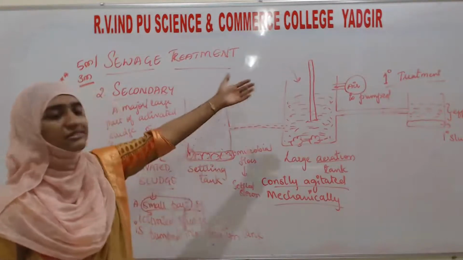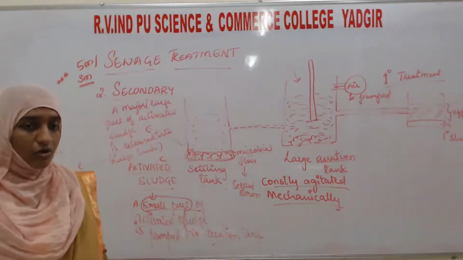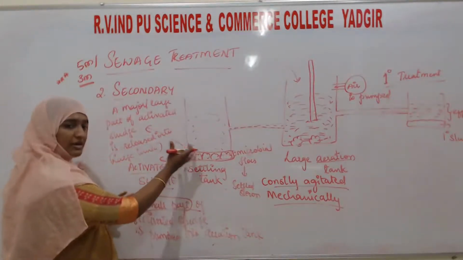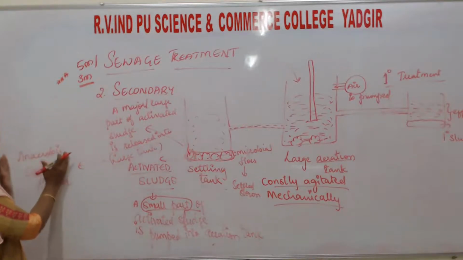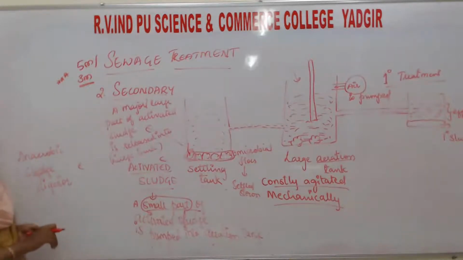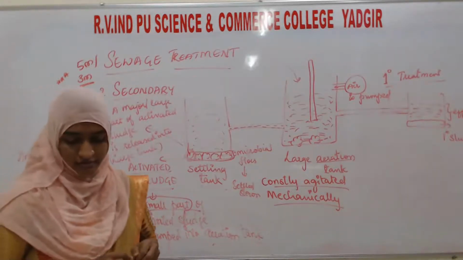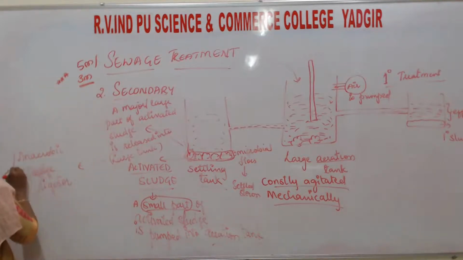A small part is introduced into the aeration tank, which serves as an inoculum. Then a large part is transferred to the next tank, the anaerobic sludge digester. So we will see in the next treatment what is happening in the anaerobic sludge digester.